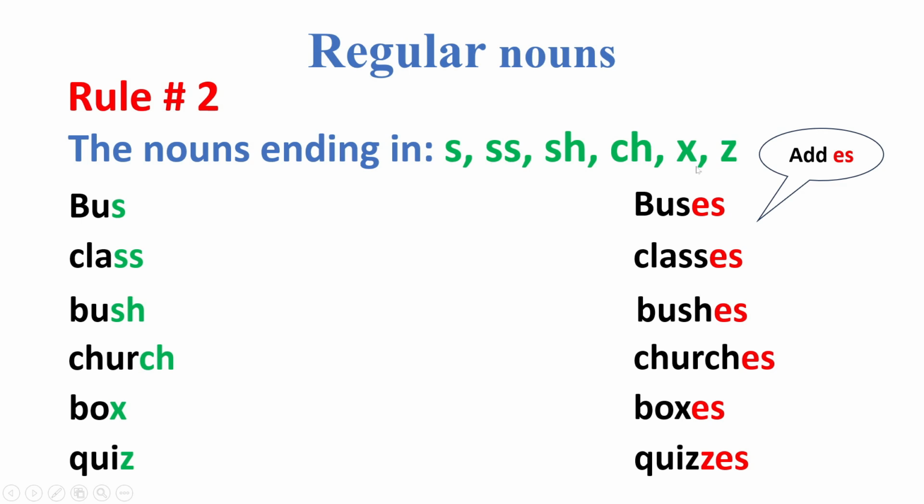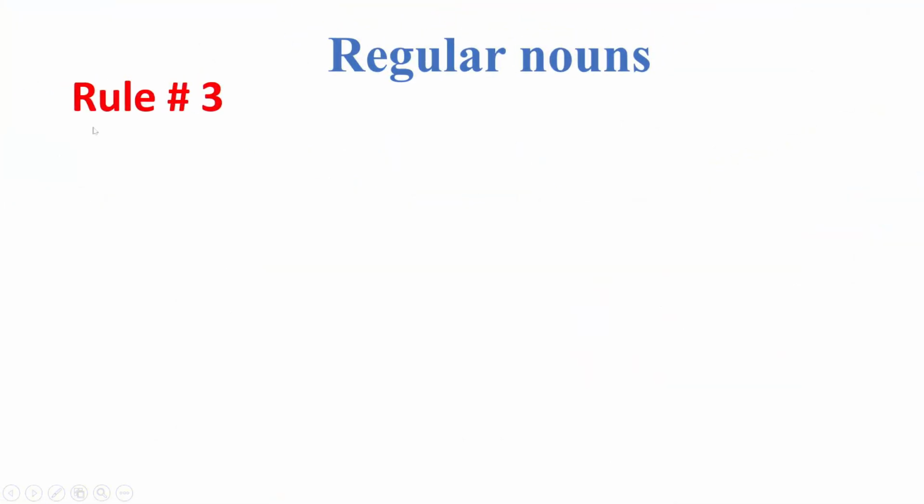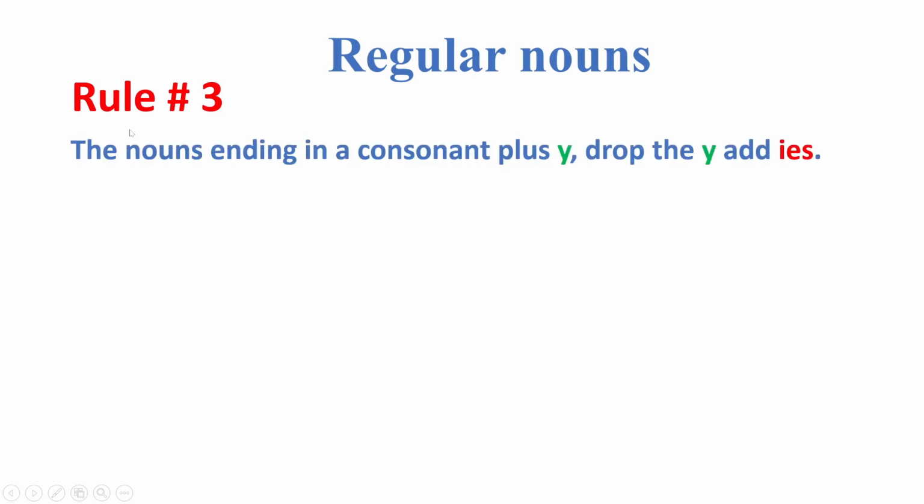Now let's see the third rule. Rule number 3. The nouns ending in a consonant plus y, drop the y, add ies. It means if a noun ends in letter y and before y there is a consonant letter, you need to drop the y, then add ies. Like these examples.